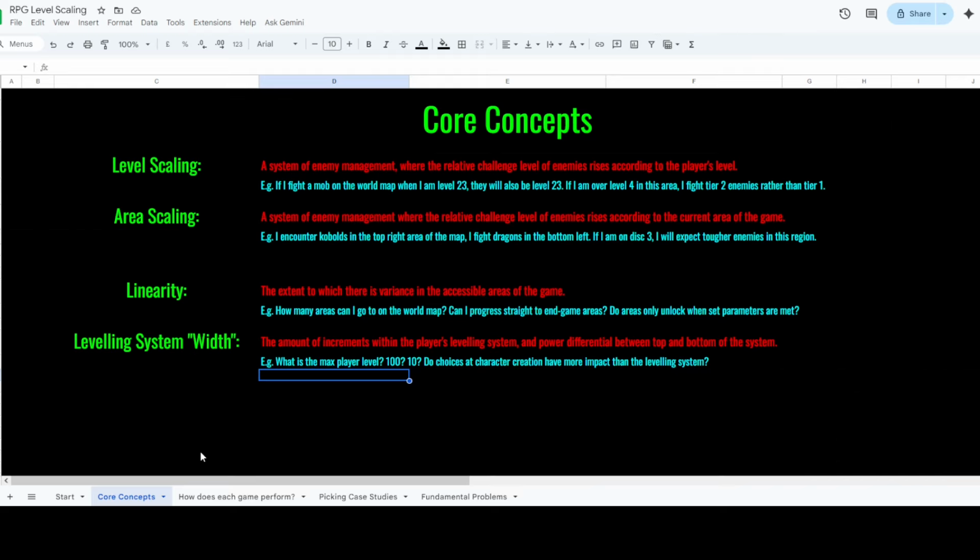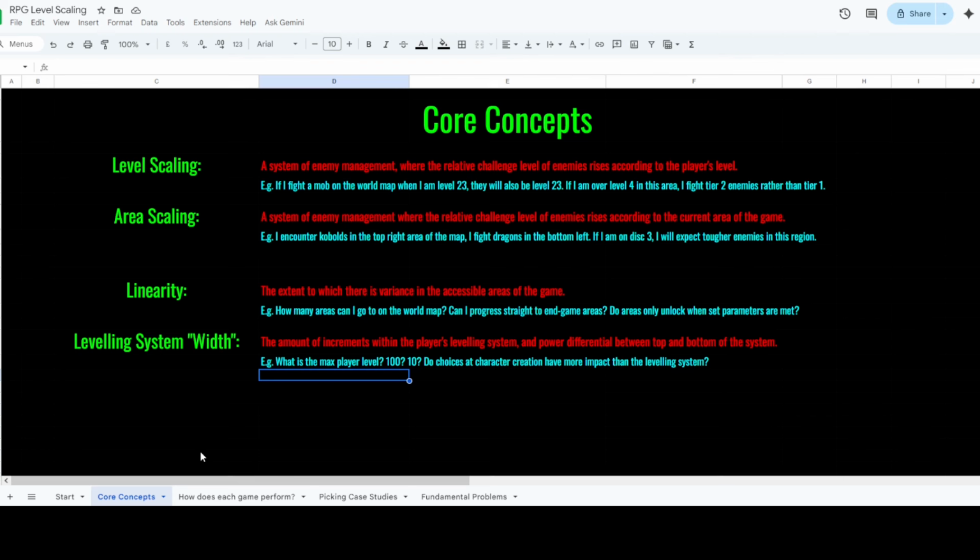The other two concepts, and again not terribly challenging, but they really affect what we're going to discuss, is the linearity of your game. So the extent to which you can go to different areas from the back. Can you go to the end game areas is a really crucial part of this. Or is there a lock between things? When we're looking at this in the context of scaling, it's not about the story, it's about the progression through the game, your area progression.